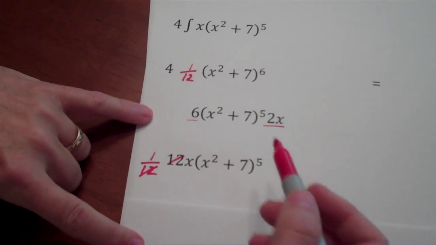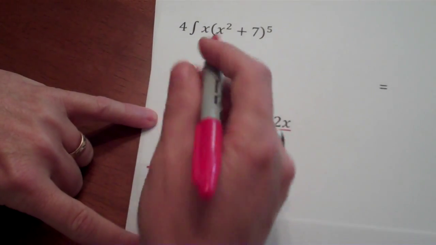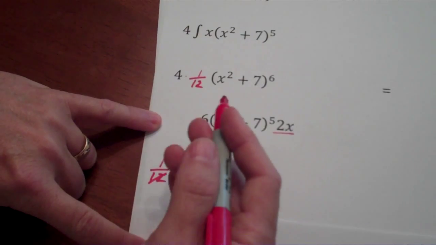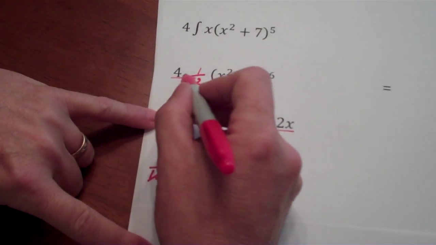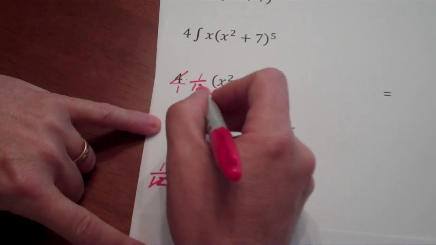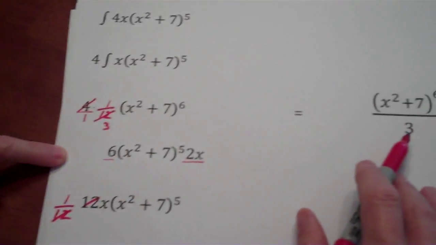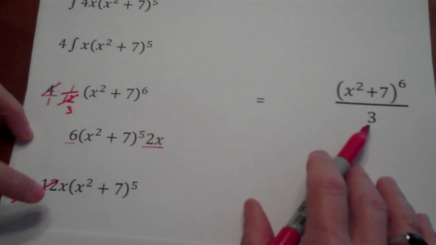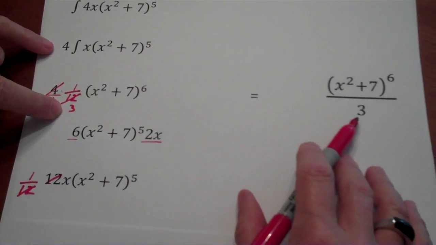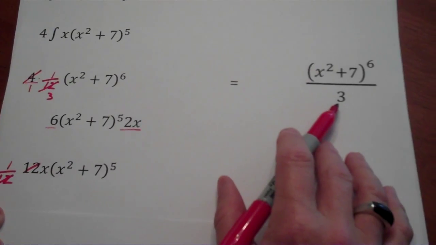So now what I need to do is take those pieces that I set off to the side and combine them and fix my answer. The 4 would cancel with the 12 and leave me with a 3. And I've chosen in this case, instead of writing this as a 1/3 out in front, to merely put the 3 on the bottom.